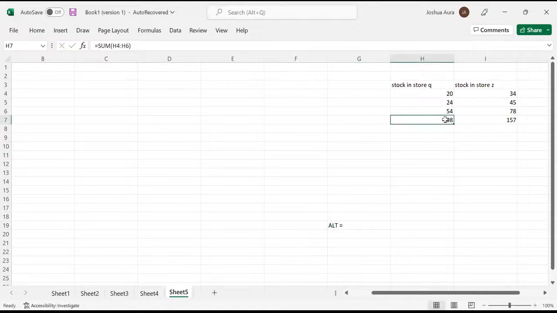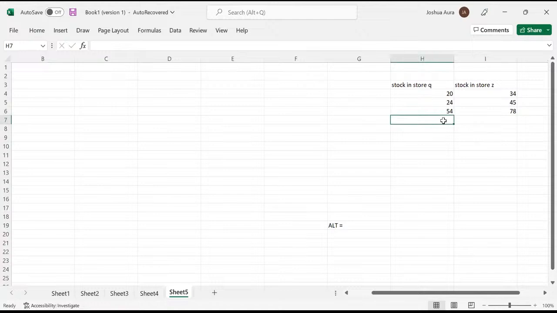This is quite a simple thing, Candy. What you're supposed to do, once you want your totals there, put your cursor in this particular cell where you'd want this total to be fitted.